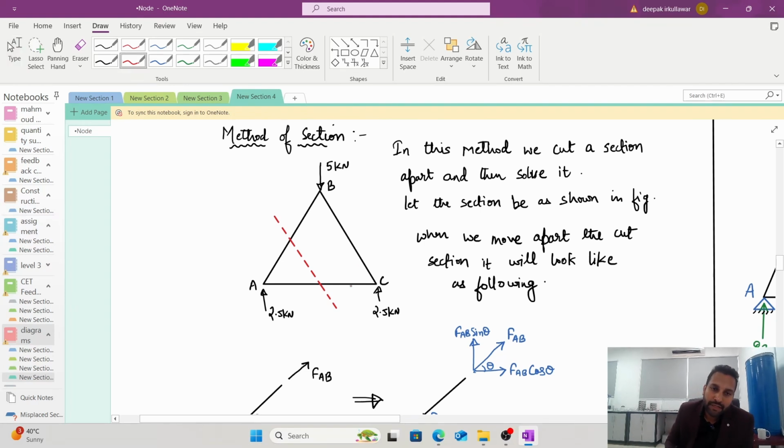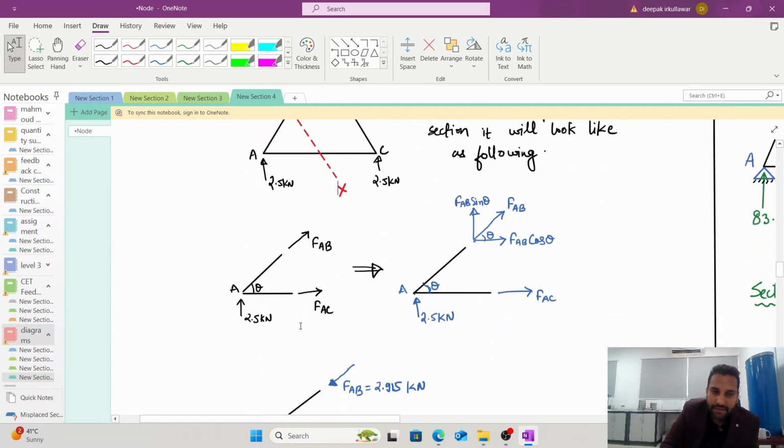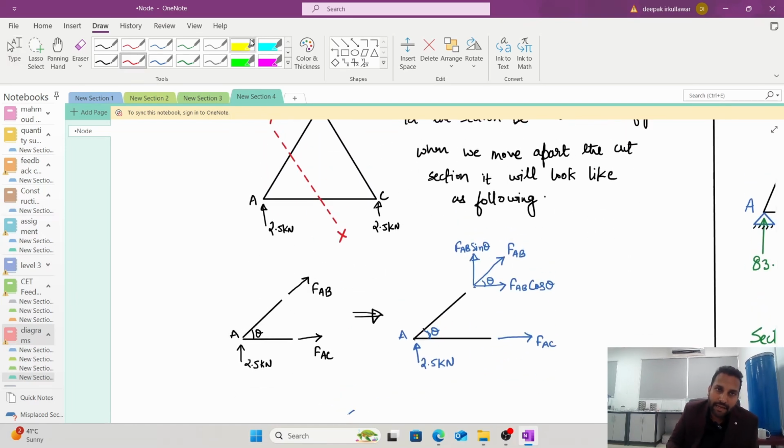Now for method of section, what you are supposed to do? You just need to cut a section out of the structure. So you can draw a line, you can create a section. Say suppose this is section XX, cut this section XX. If you cut this section XX, you will have this side of the portion. If you see this side of the portion, what you have?